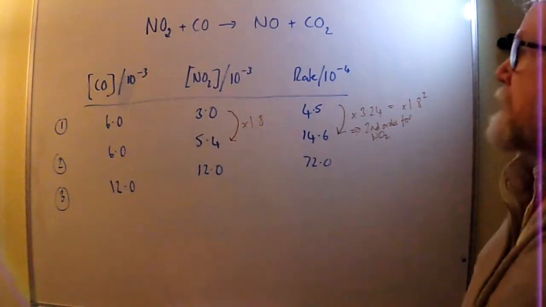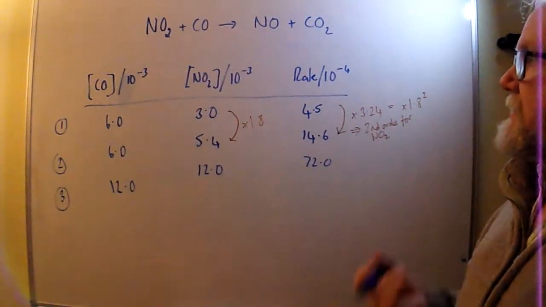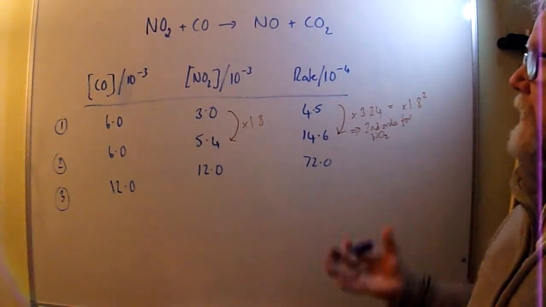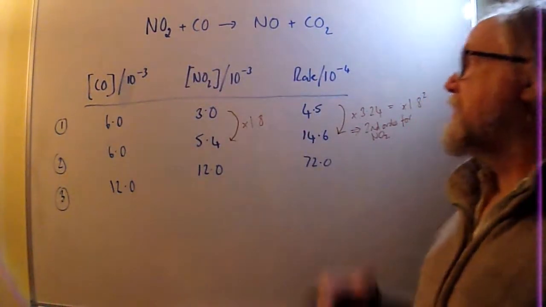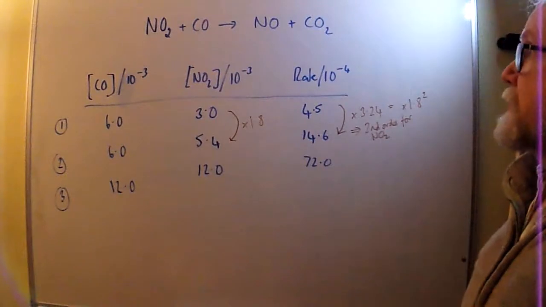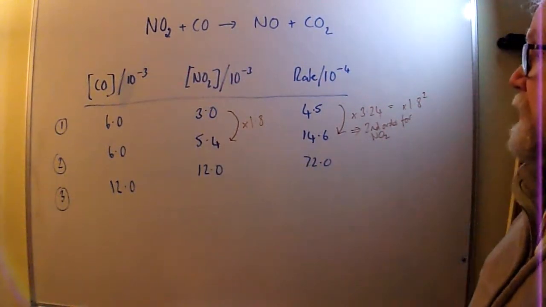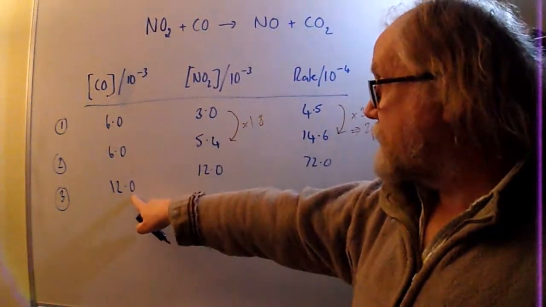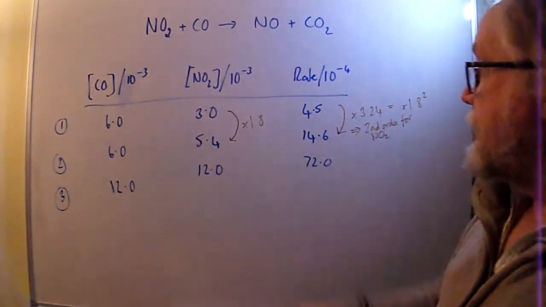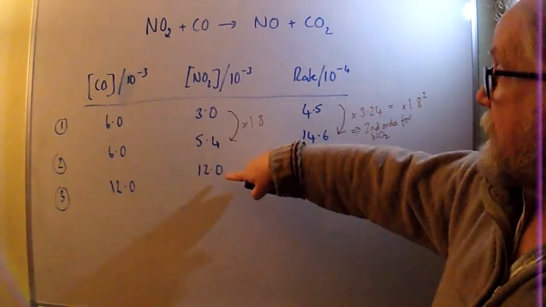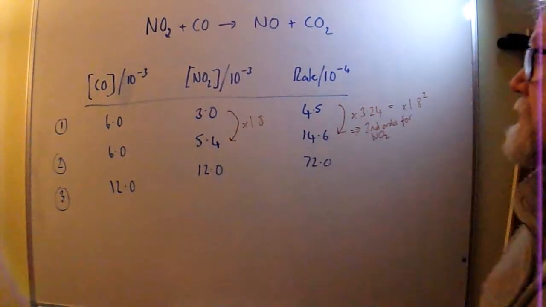Now, again, in an ideal world, what you then look for is a pair of experiments where the only thing that changes is the CO concentration, and then we could do the same thing to get the order for CO. But there is no such pair of experiments, because you can see the only one that has a different CO concentration is experiment 3, but then the NO2 concentration is different from both of these.